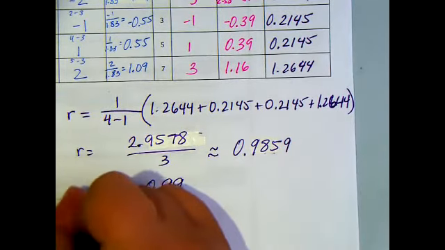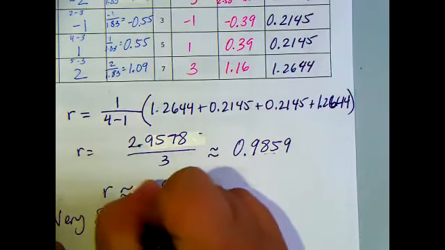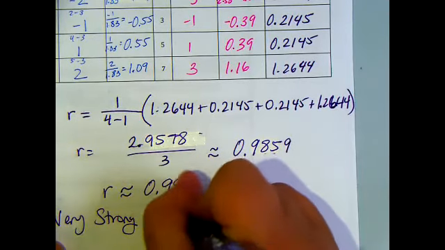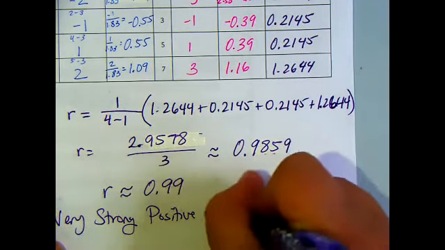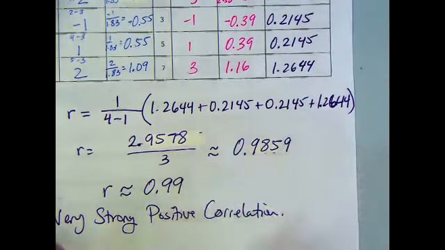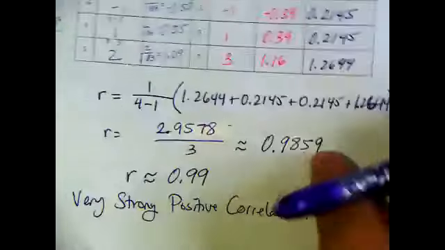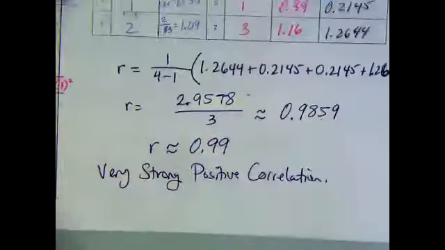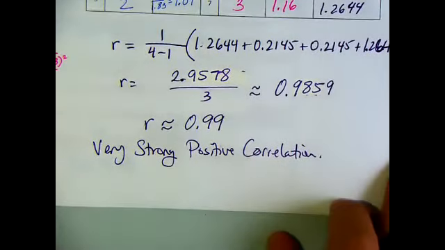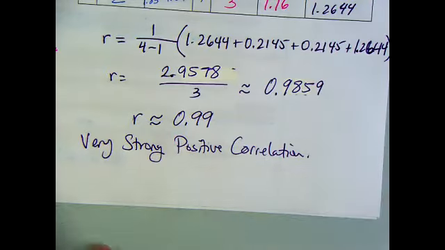I would call this a very strong positive correlation. Very good, guys. So it's a process, but it's not a difficult process. It's just a long process. That's the main difference there. It's not a difficult process, it's a long process.